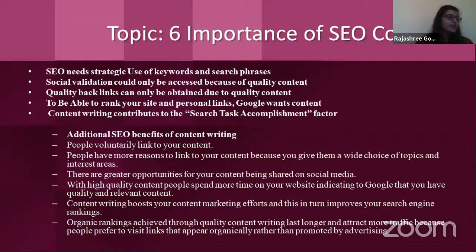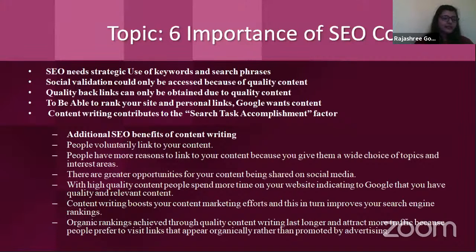A user should be able to find exactly what he or she is looking for when using the Google search engine. Google is working on the algorithm to check if people are able to find exactly the information they need on your link. If yes, your ranking will start improving, and if no, your ranking will start deteriorating.